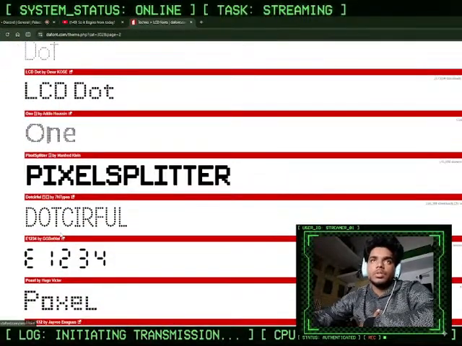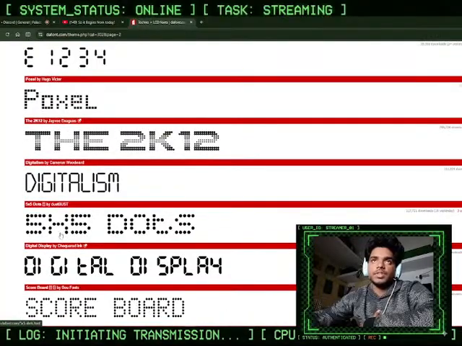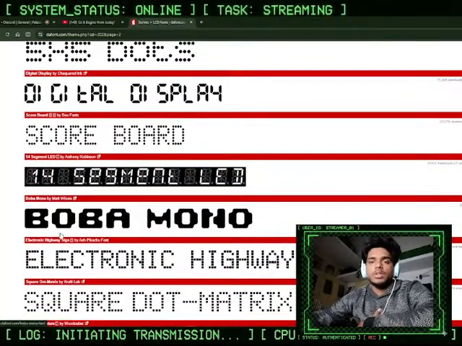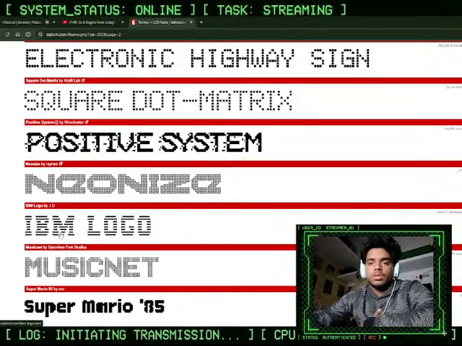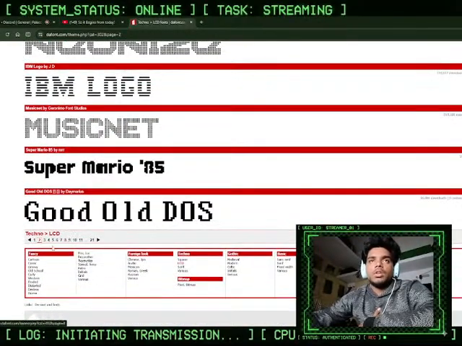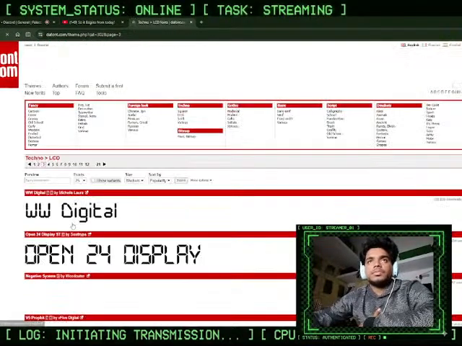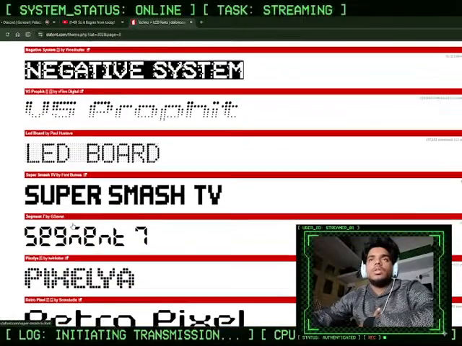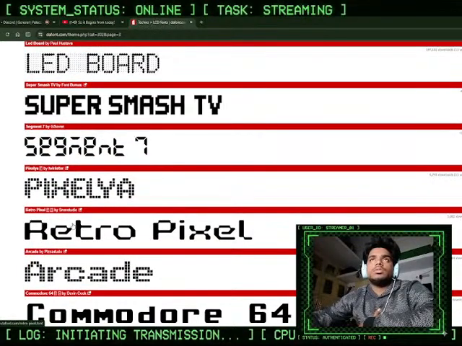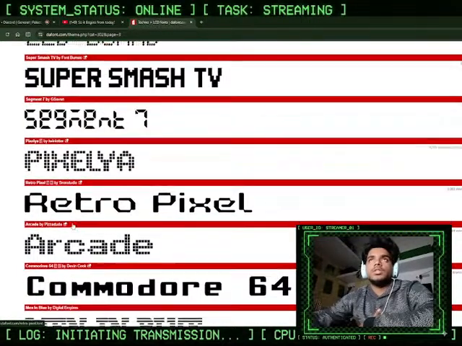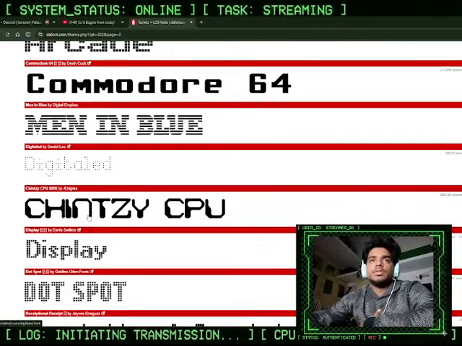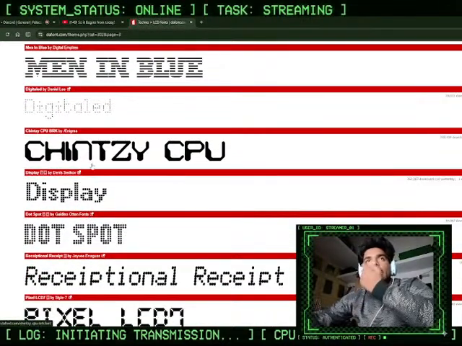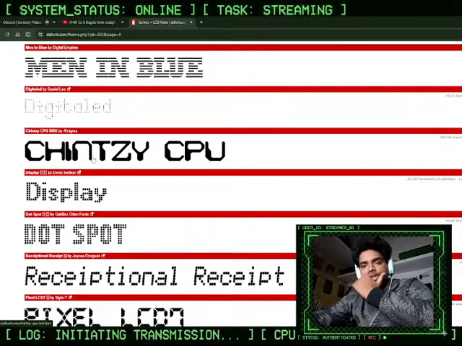We need something that goes for user interface as well, something that is not very complicated. And for Smash TV, this font is actually good. It's nice.